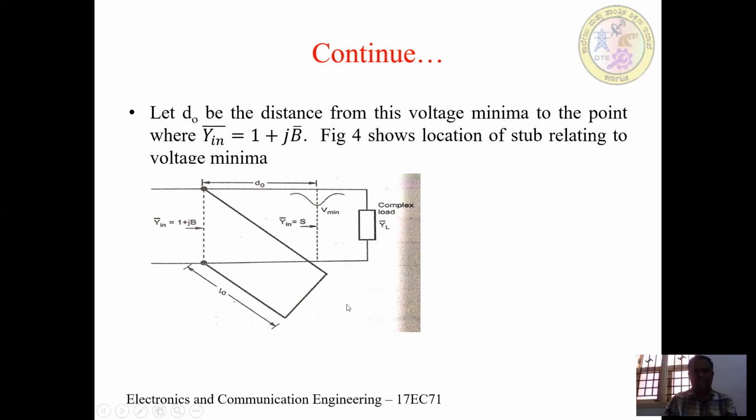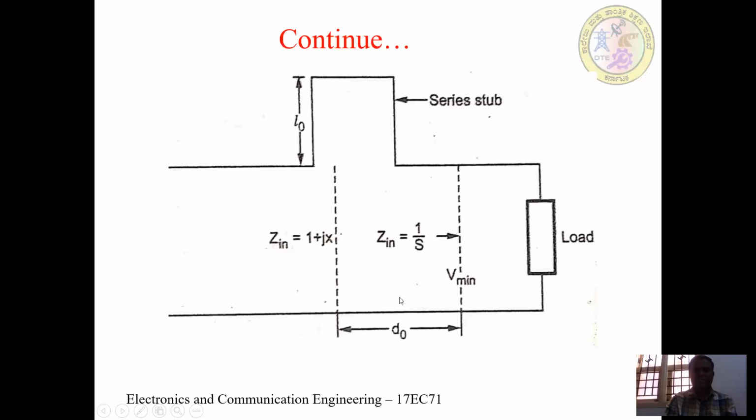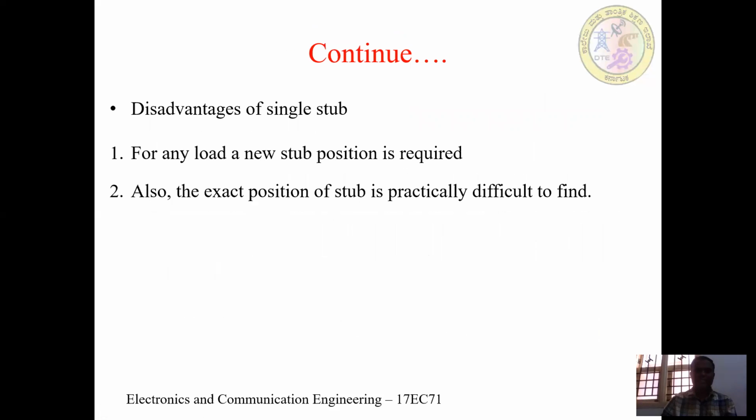There is a possibility of connecting one more stub, which is called a double stub, and it has some advantages. The disadvantage of a single stub is that for any load, a new stub position is required. If the load changes, we require one more position, so the position keeps moving with the load variations.